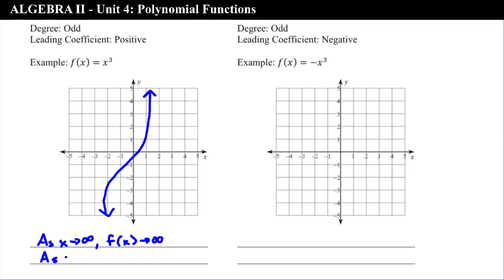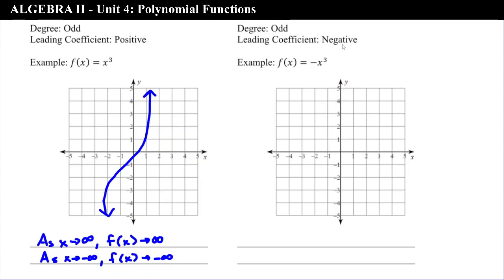As x approaches negative infinity, f of x is going to approach negative infinity because we're looking at the left-hand side, okay? So f of x is going to approach opposing infinities because one's going up, one's going down.